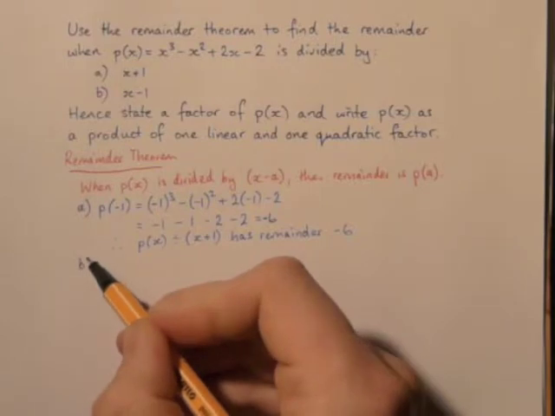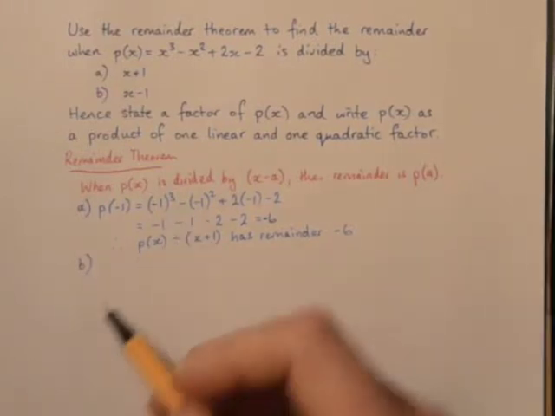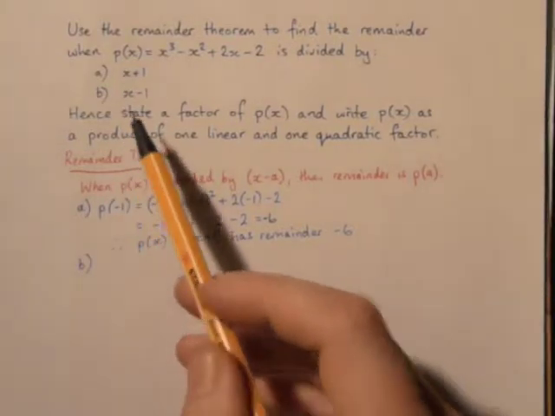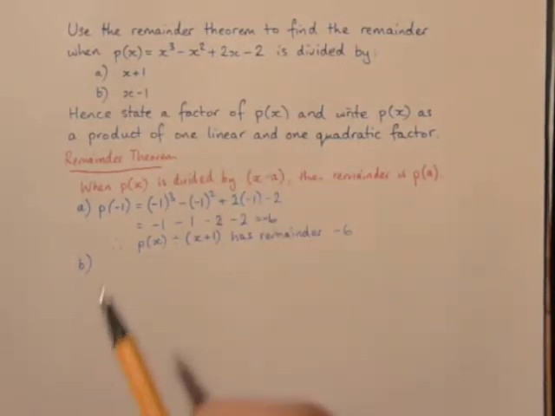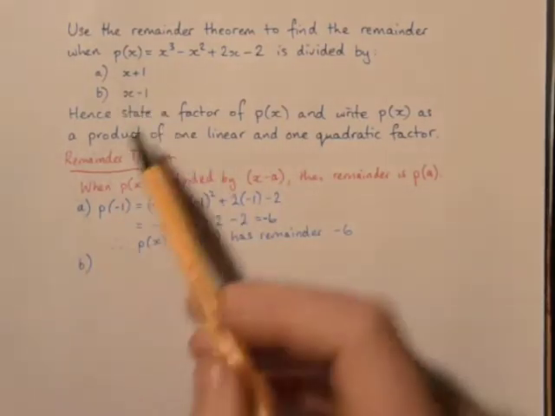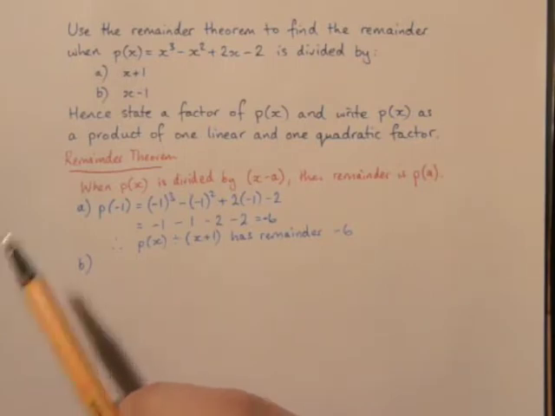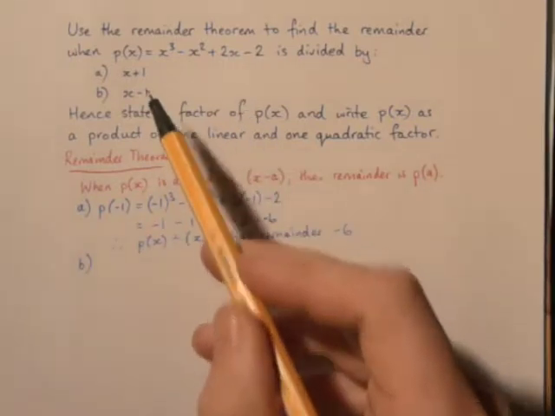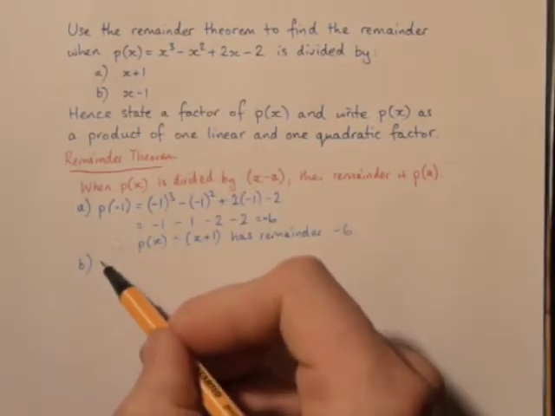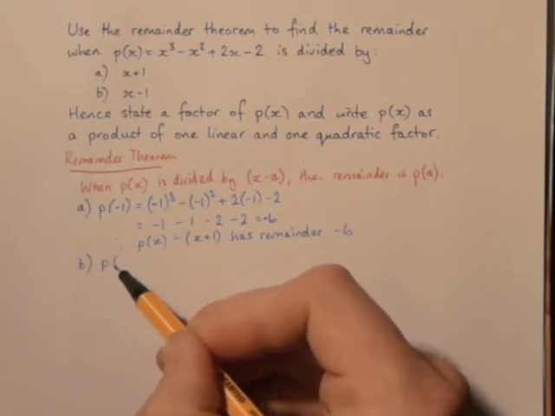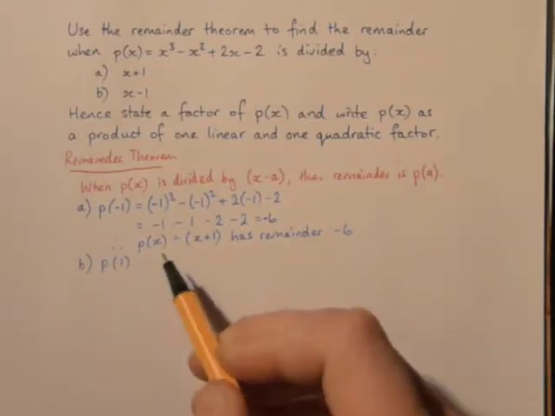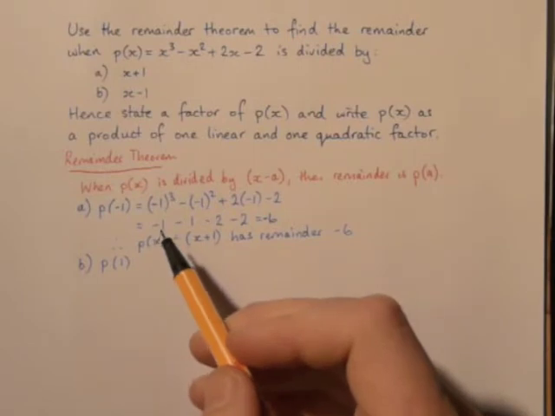Right, the second part, exactly the same process, but now x minus a in this example will be x minus 1. So a would be 1. So we're going to do p of 1 now, evaluate the polynomial when x is equal to 1.